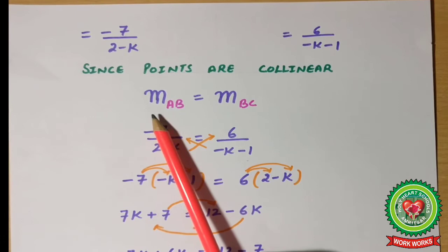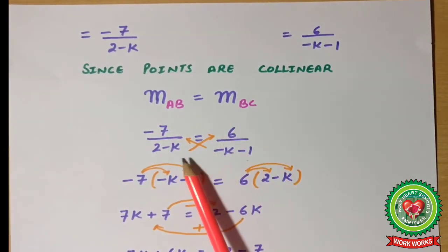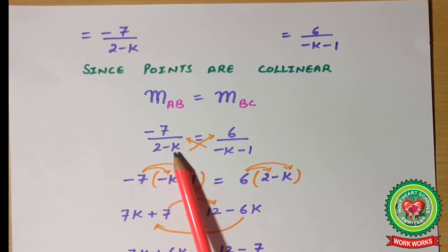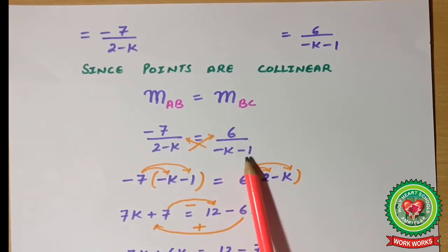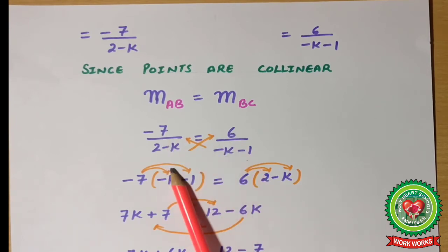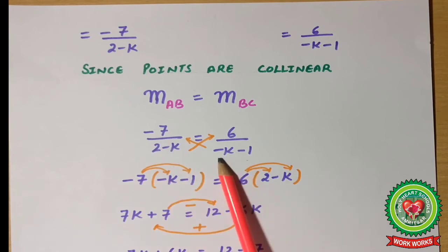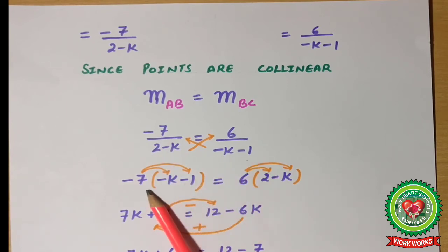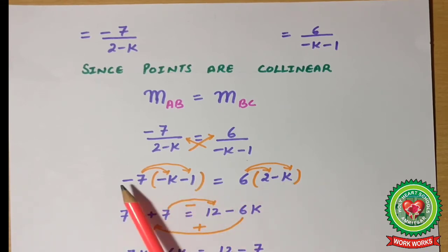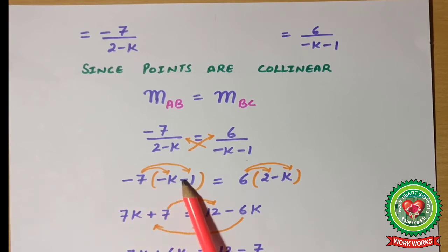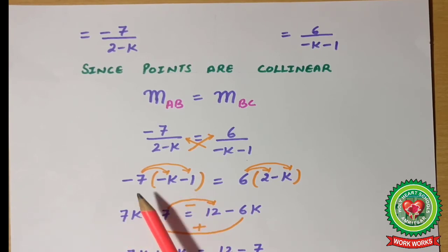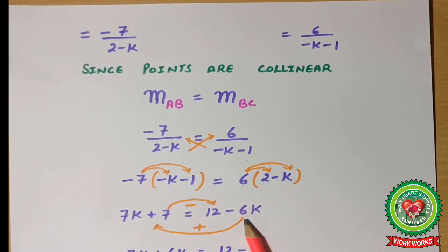Because the points are collinear, MAB is equal to MBC. Put minus 7 upon 2 minus k equals 6 upon minus k minus 1. Cross multiply: minus 7 times the bracket minus k minus 1, equals 6 times 2 minus k. Because minus 7 is outside the bracket, this minus changes both signs, so both are positive: 7k plus 7 equals 12 minus 6k.